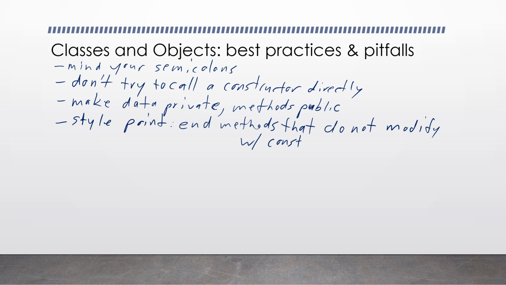So if I had a getter method, and I'm defining class car, and I've got method get speed, okay, I would add the constant keyword to let C++ know that this method treats my car class as a constant.